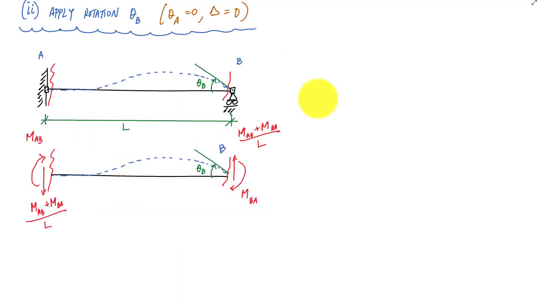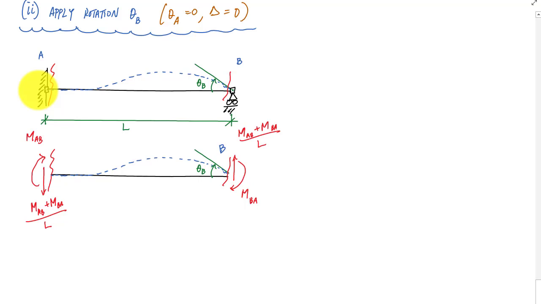And very similarly to what we did for theta A, by using the moment function and creating a curvature function, integrating twice, and using the boundary conditions associated with the fixed support at A, I can solve for the slope function and the displacement function for this beam.